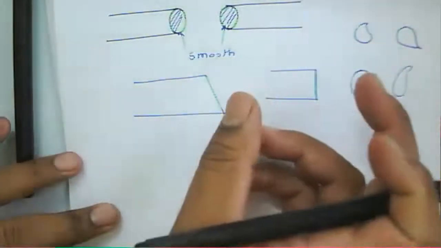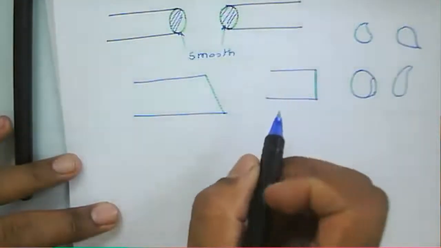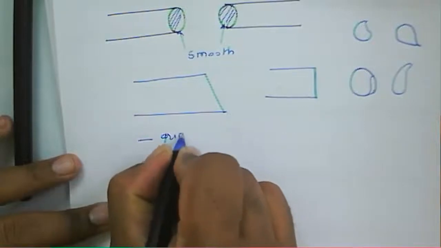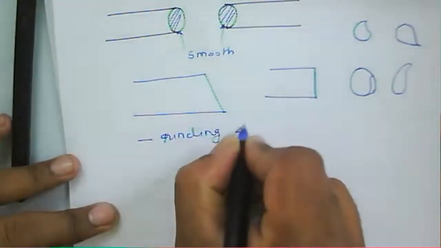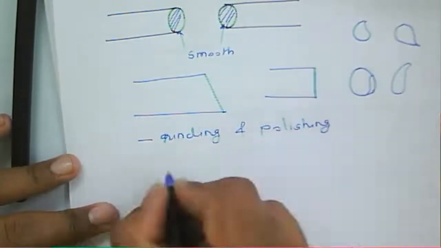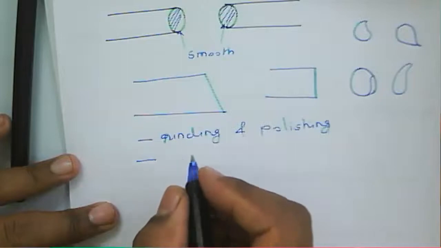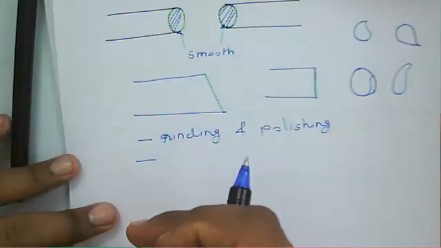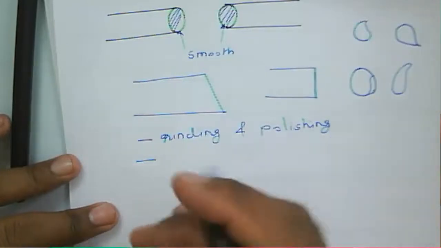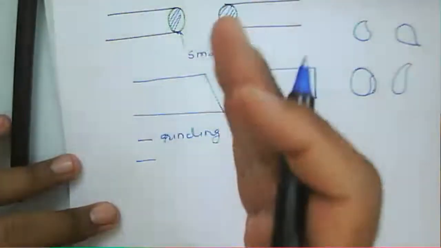Generally people use conventional grinding and polishing techniques that will produce a smooth surface. Or we can use a score blade to cut the fiber end.